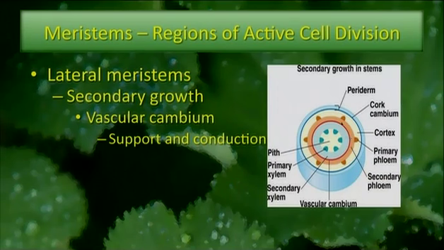The vascular cambium is responsible for the growth of secondary xylem toward the inside and secondary phloem toward the outside. And then we also have the cork cambium, which is responsible for the growth of bark. So here, the cork cambium is right under the bark, which is also known as periderm, which is also known as cork.